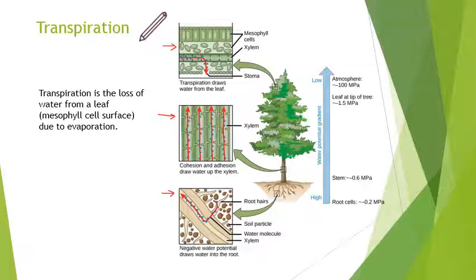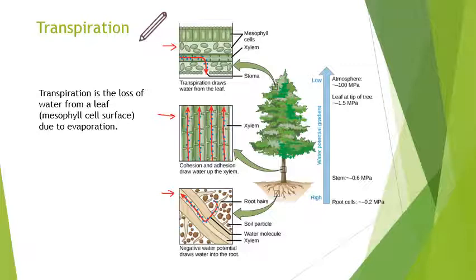At the root cells, don't worry about the units, but basically the water potential is higher at the root hair cells than in the stem, higher in the stem than in the leaf, and higher in the leaf than in the atmosphere.